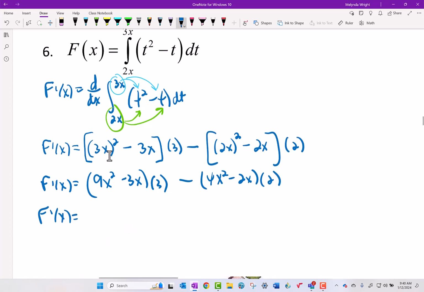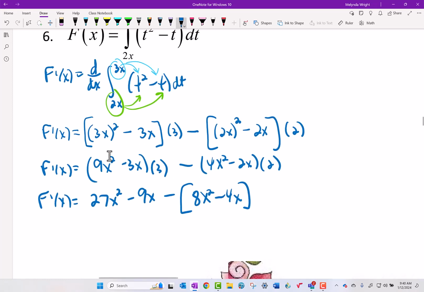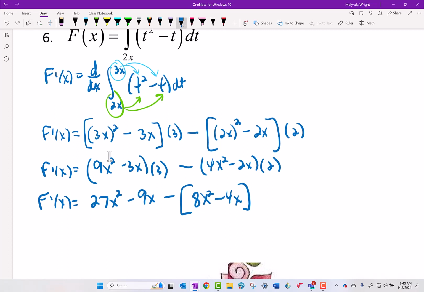Let's see. Oh, arithmetic. 3 times 9 is 27x squared minus 9x, minus 2 times 4 is 8x squared minus 4x. When I'm subtracting more than one term, I do this every time, and I hope that you do as well, because one of the most common errors is to forget to distribute the negative to the second term. I'm sure it's gotten all of us before at one time or another.